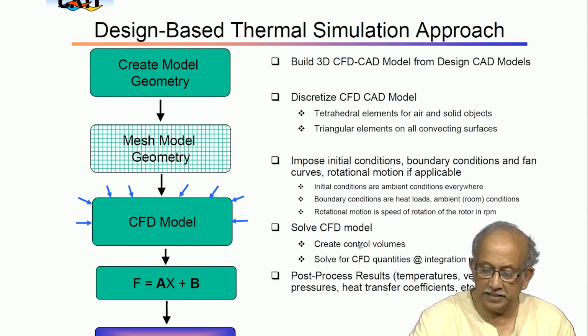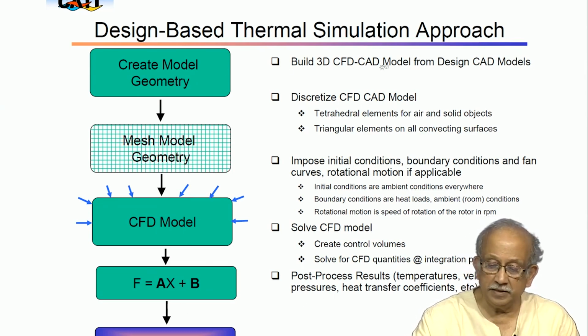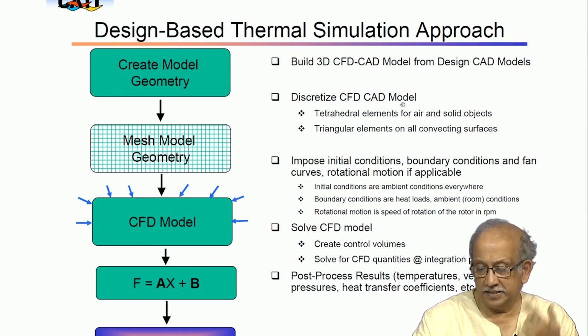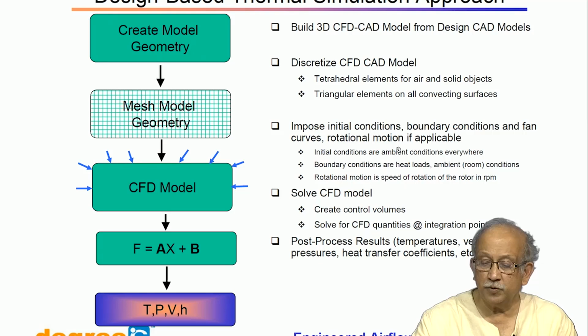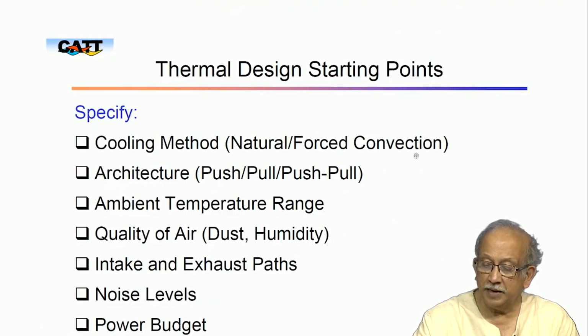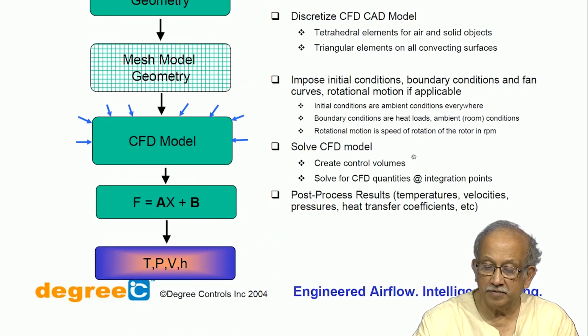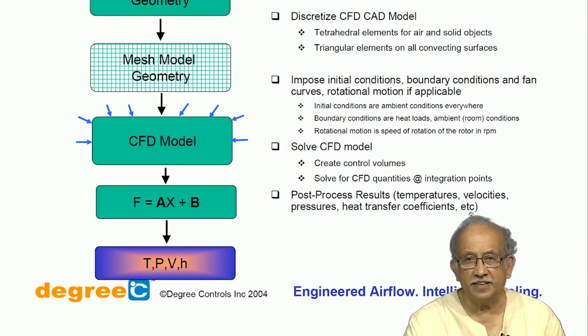So, we have this saying, build a model and then discretize the CFD CAD model, tetrahedral elements for air and solid objects, triangular for convecting surfaces, impose boundary conditions and fan curves, rotational motion, ambient conditions, create control volume, solve, and post process results: temperature, velocity, pressure, heat transfer coefficients and all that.